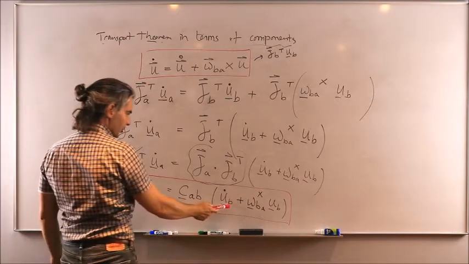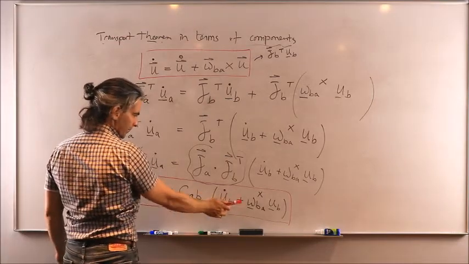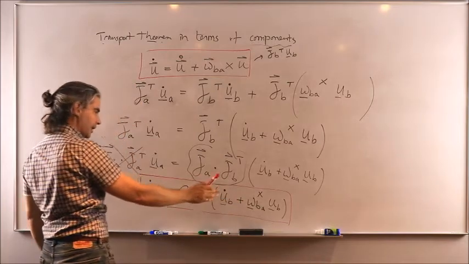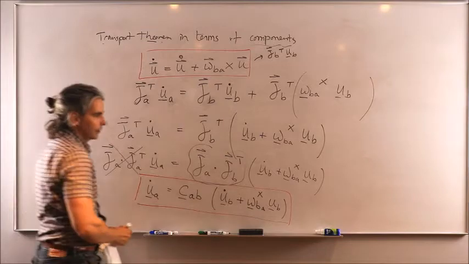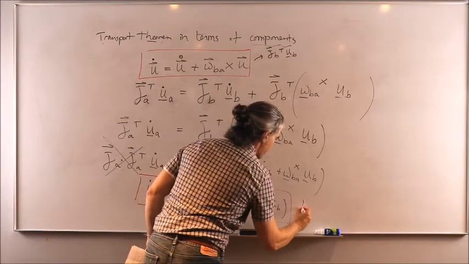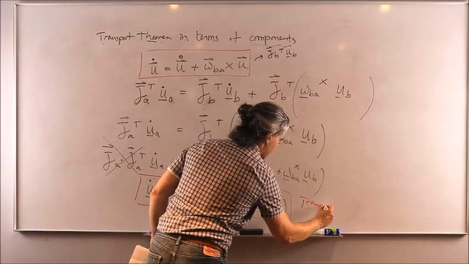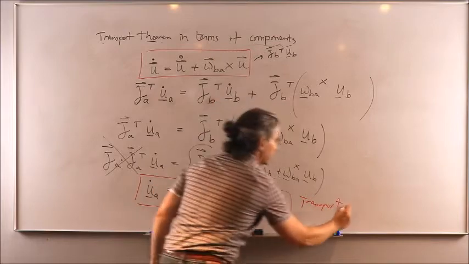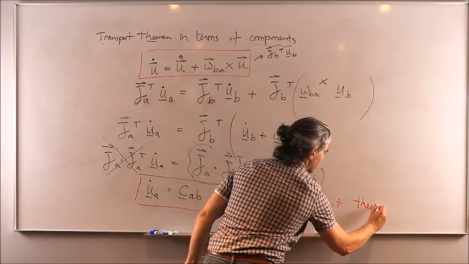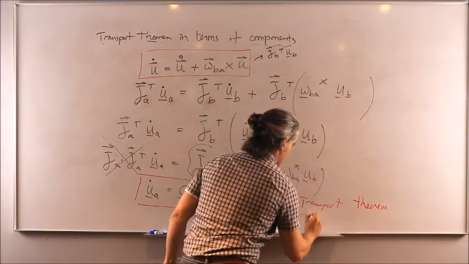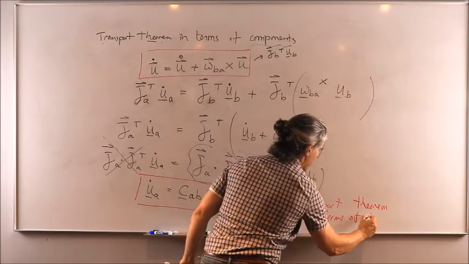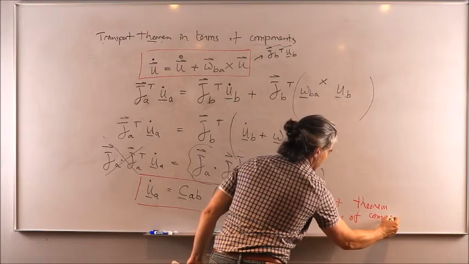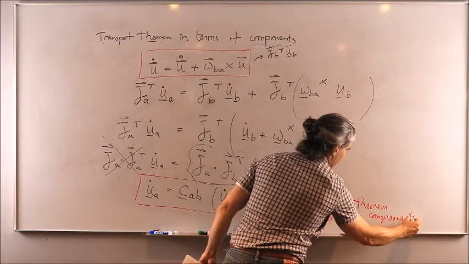Given the non-inertial derivative, or the components in B, how can we calculate the inertial derivative? Is through that expression. So this is transport theorem in terms of components.